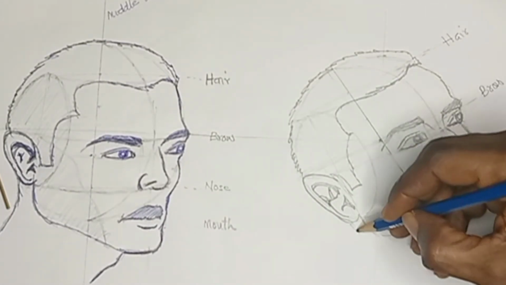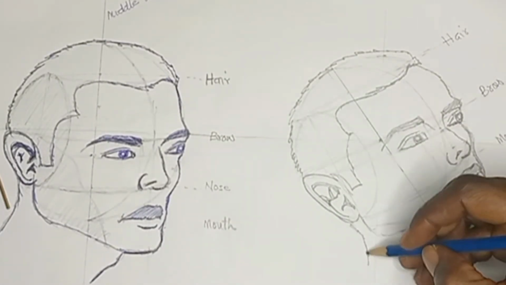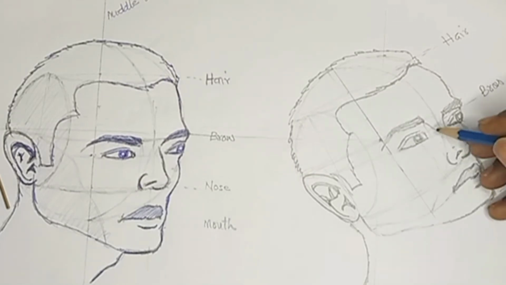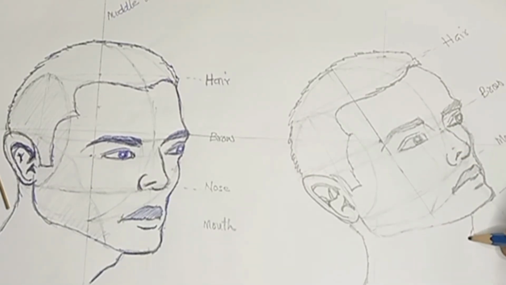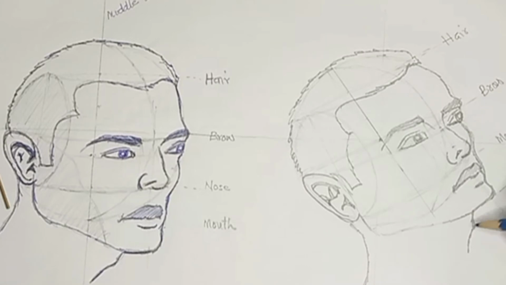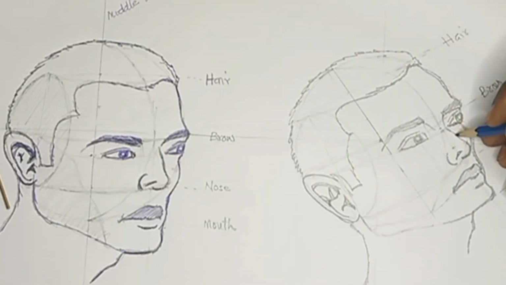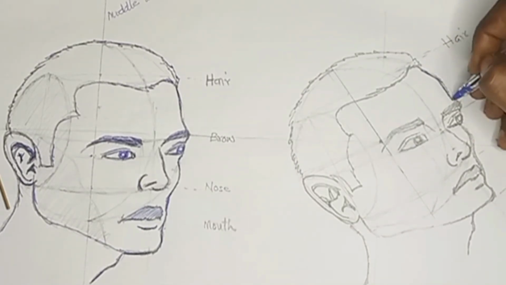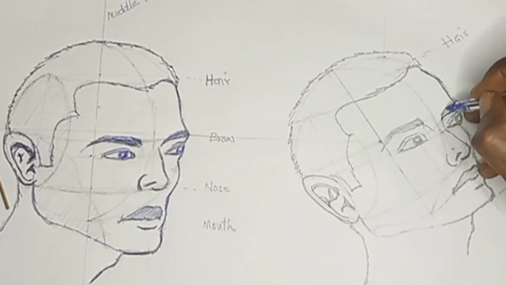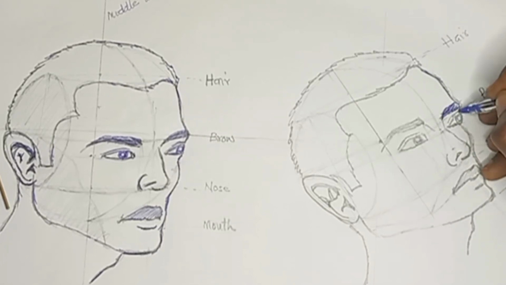The ear, the neck. Now I'm using a pen to darken it, just the features only, not the construction lines.